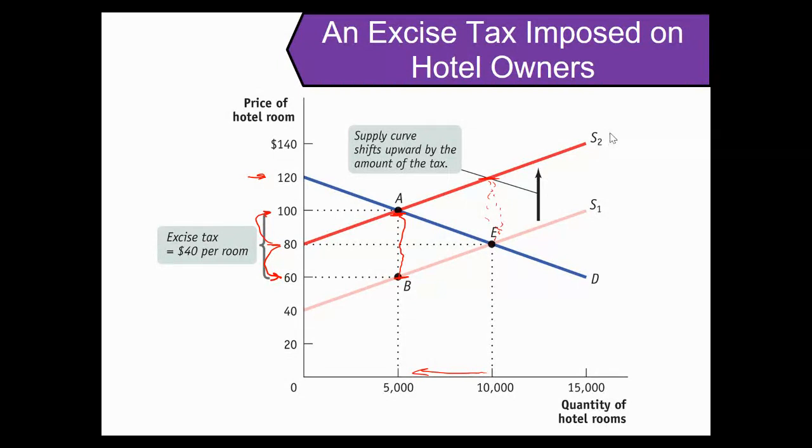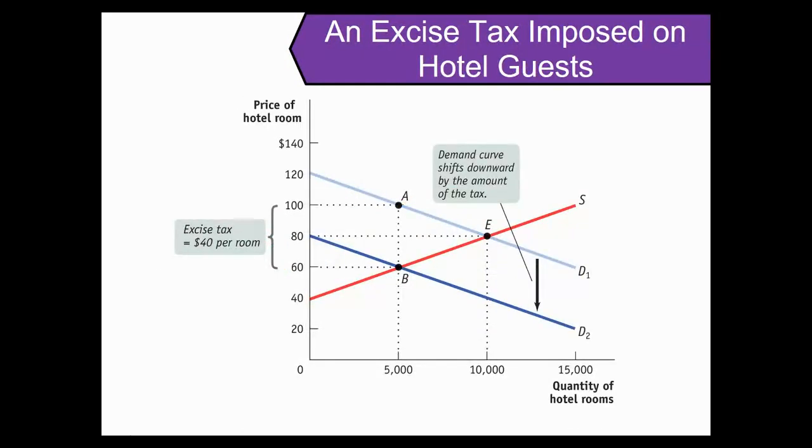Now, if we look at this tax from the perspective of the consumer, it would look something like this. If the excise tax is imposed on the hotel guest, so we say we're going to put a $40 room tax on the hotel guests, that would essentially shift the demand curve from D1 to D2.